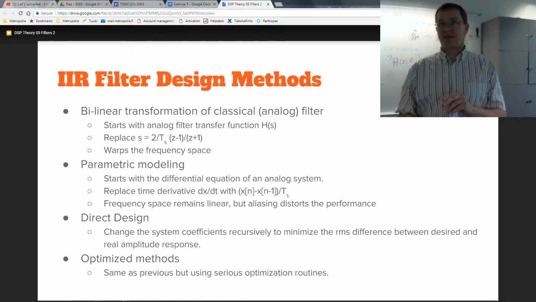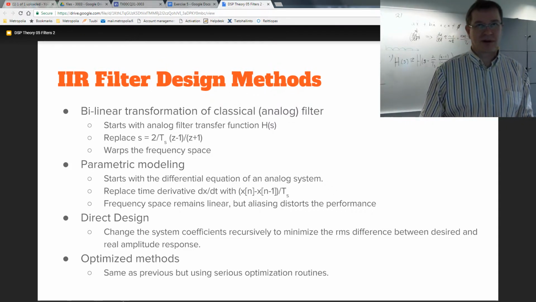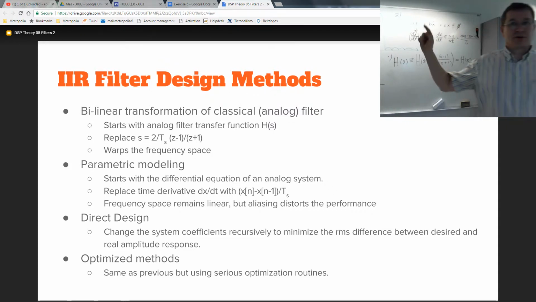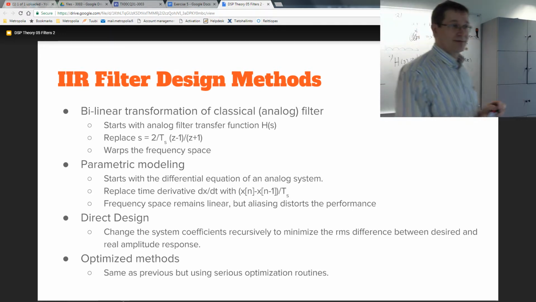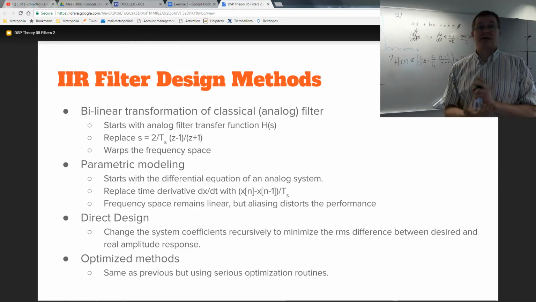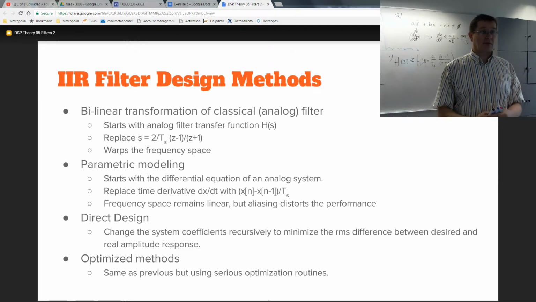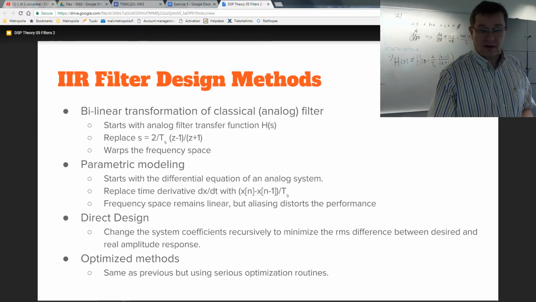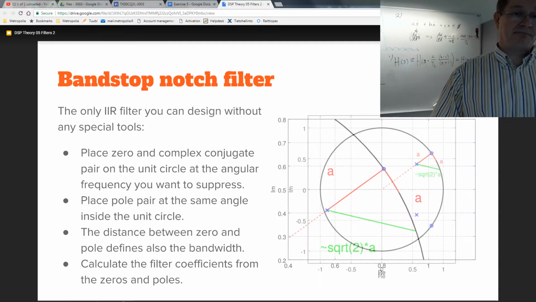Some of them are actually commercial, but MATLAB has most of the non-commercial ones. You just need to have that expensive license from MATLAB. Or Octave also has some of these methods already there, even the optimized ones. All right, and that's the bandstop notch.